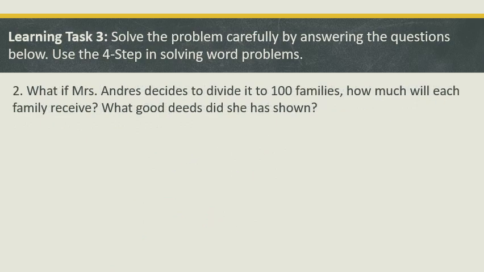Number 2, what if Mrs. Andres decides to divide it to 100 families? How much will each family receive? What good deeds did she have shown? Sulitin natin, we have 35,345 and 85 centavos.